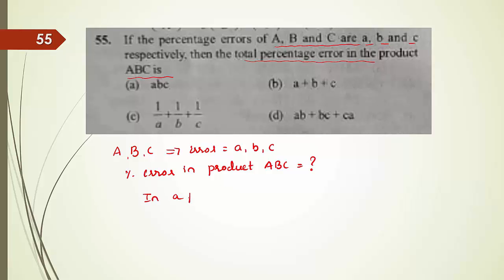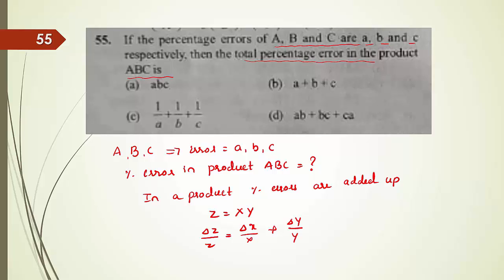In a product, percentage errors are always added up, because you can remember Z equal to X into Y, delta Z over Z equal to delta X over X plus delta Y over Y. Here we are going to add the percentage error in multiplication as well as division.